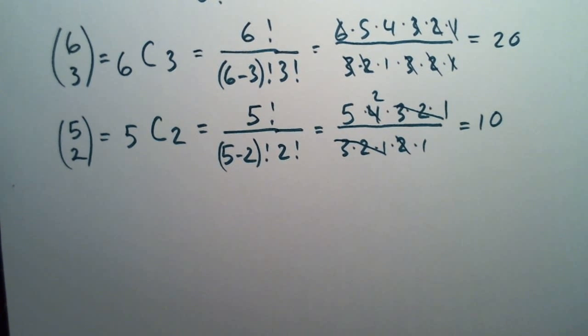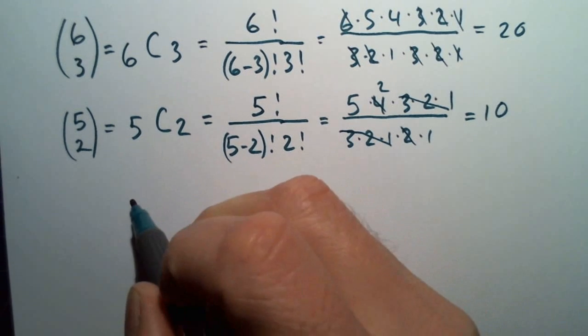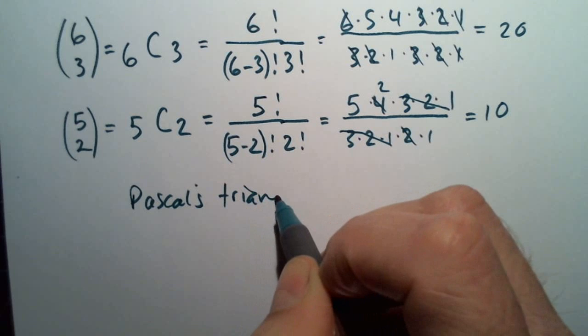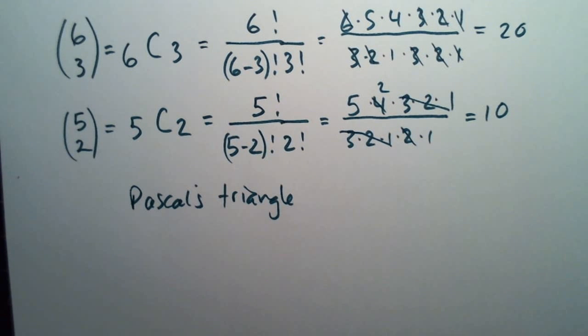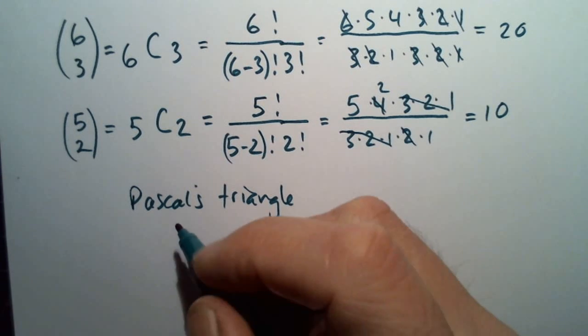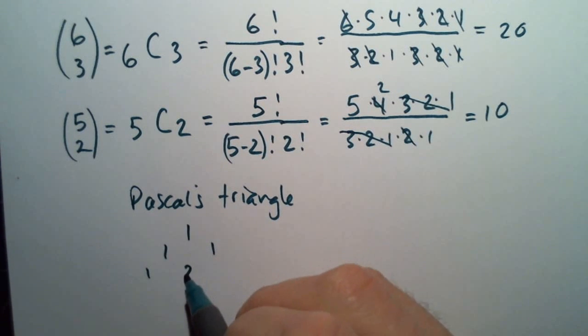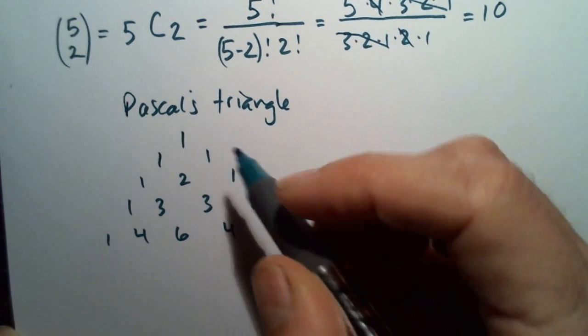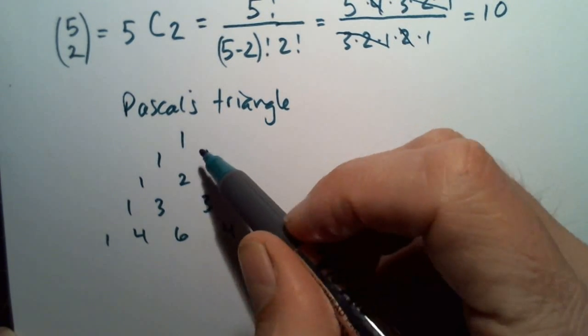And let's see the connection to Pascal's triangle. In Pascal's triangle, we just start with a 1, and then we have a row of 1s.